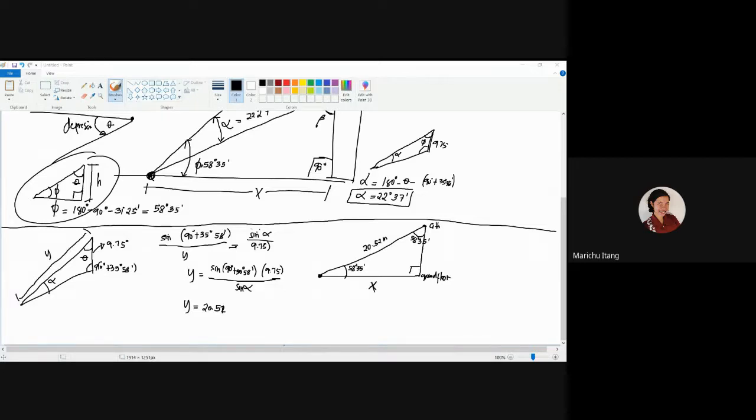Arka, what is the value of x? We can now skip the law of cosine and law of sine, and just use cosine, sine, or tangent. So, what is the value of x? 10.7.